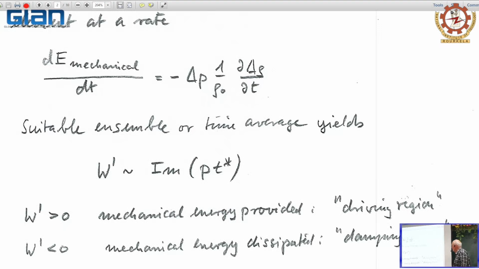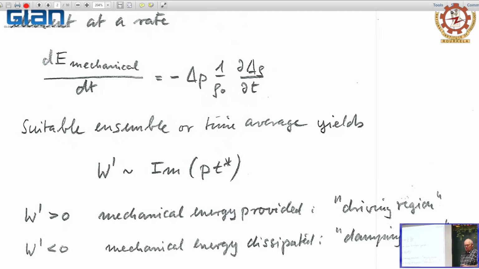Okay, so if W dash, the differential work integral, is bigger than zero, then mechanical energy is provided. That means the oscillation is excited, or in other words, it is a driving region. It drives the pulsation. If the differential work integral is smaller than zero, then mechanical energy is dissipated.